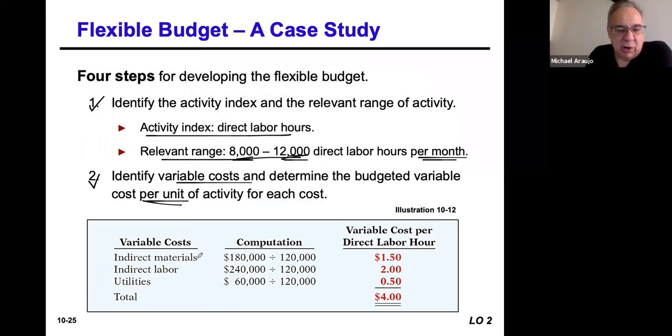And so for indirect materials, 180,000 divided by 120,000 hours is $1.50 per labor hour. Indirect labor, $2. Utilities, 50 cents. Total variable cost per labor hour, $4.